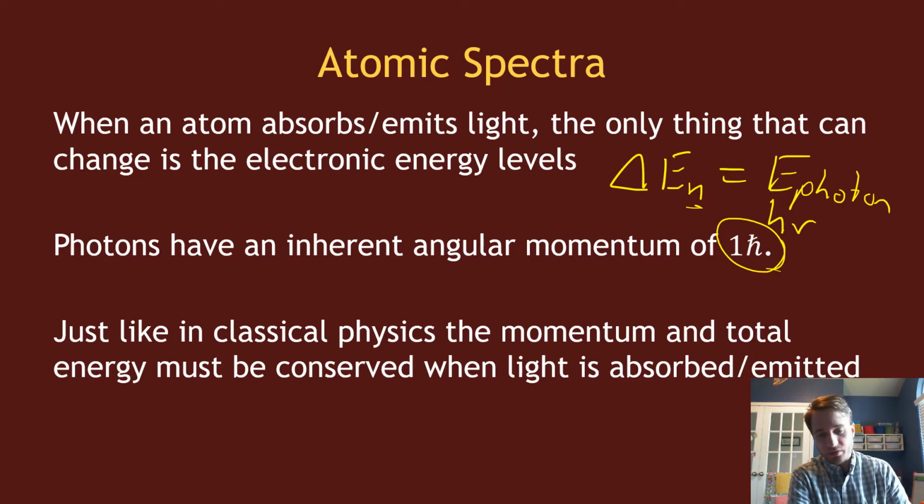So if we're losing or creating 1 h bar worth of angular momentum in light, in photons, if we're creating or destroying that amount of angular momentum, that's got to go into our molecule.